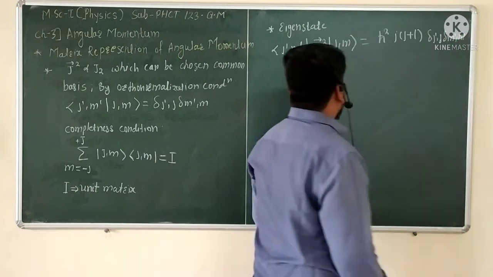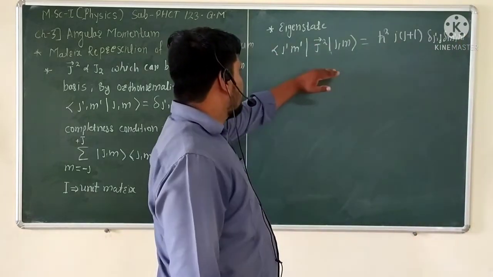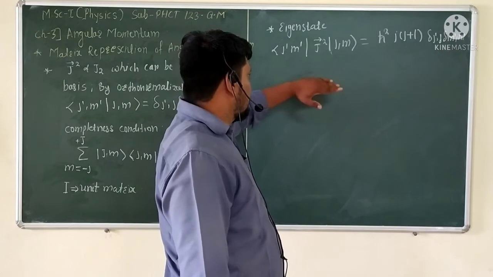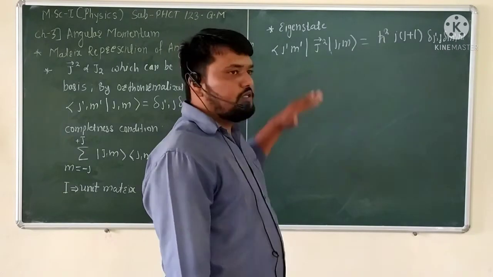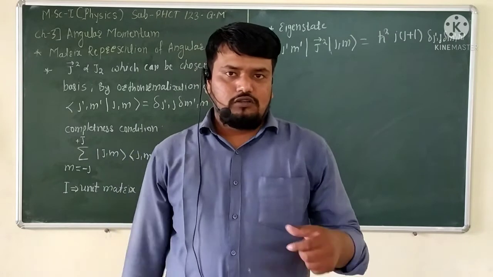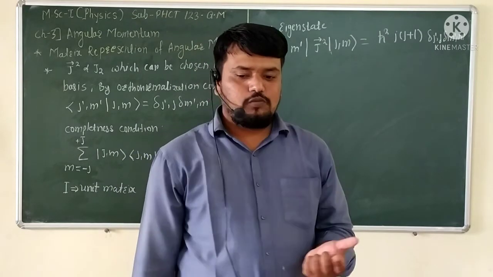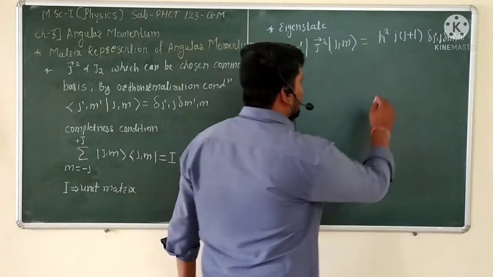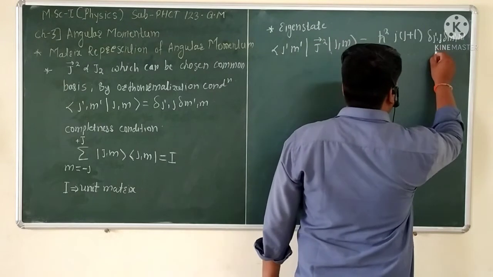This is the main eigenvalue equation of J squared, and using this equation we want to solve the matrix representation. This is given as equation number 1.